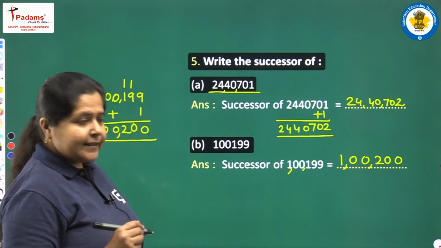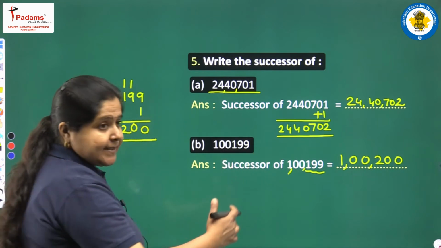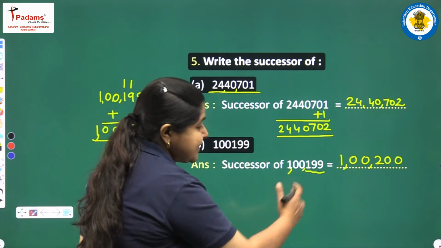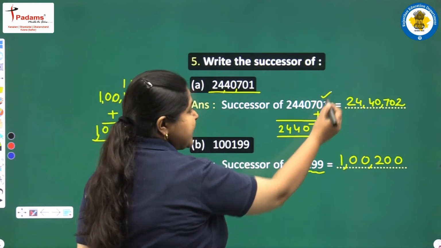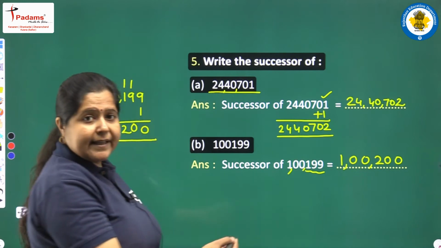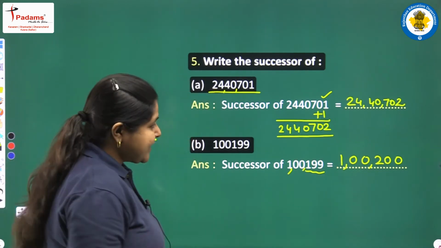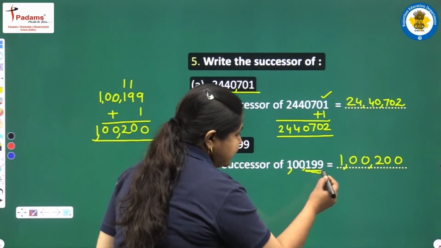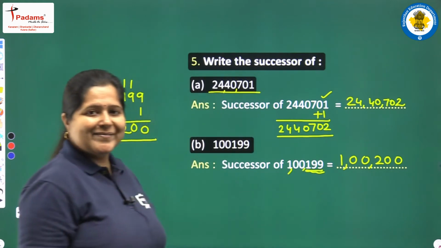What we see is whenever there is a 9 at the units place, tens place, then all those digits are changed. Here in the earlier example there was no 9, so only the units place was changed. It became 2 in place of 1. But whenever there are 9s, then all those 9s are changed. You can see the 3 digits 199 have changed to 200 here.